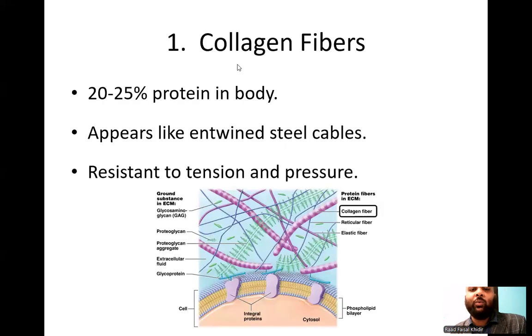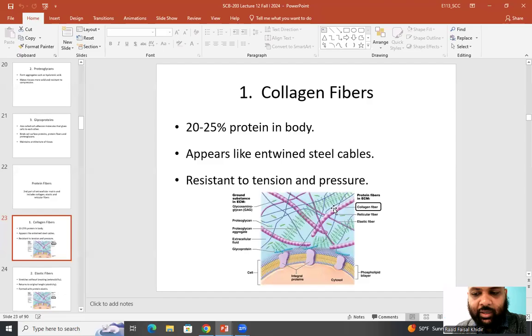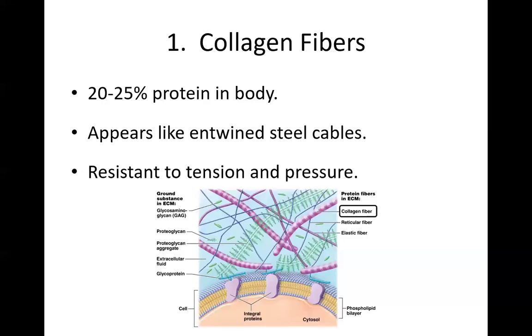Okay, let's begin with collagen fibers. Collagen fibers constitute 20 to 25% of protein in the body, and they appear like an entwined steel cable, and they are therefore resisting tension and pressure.